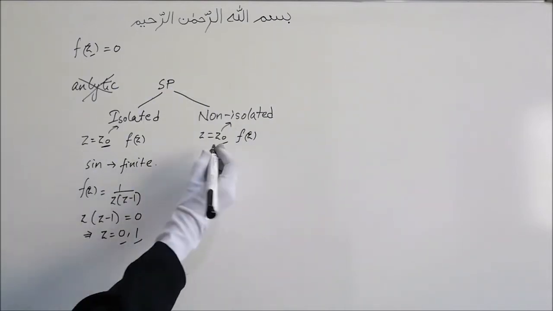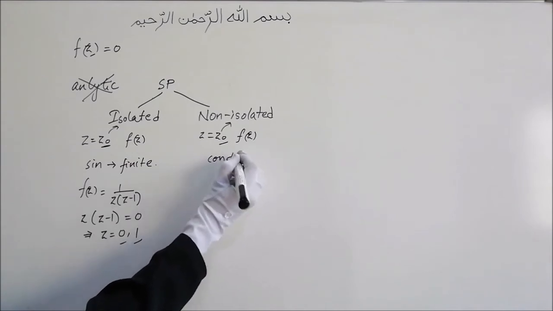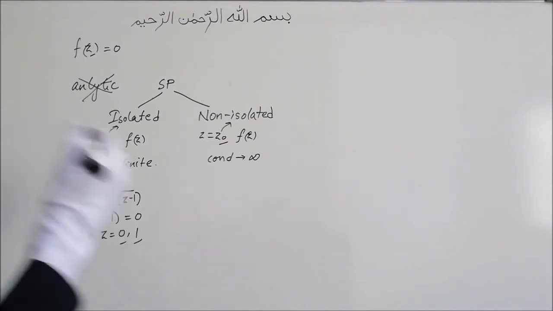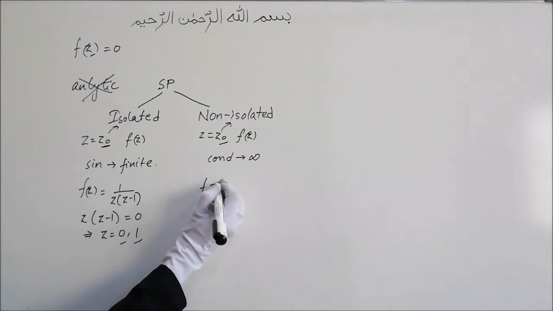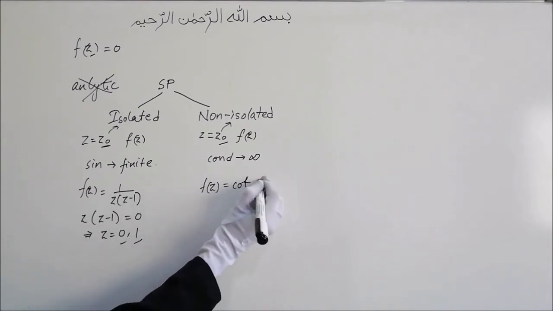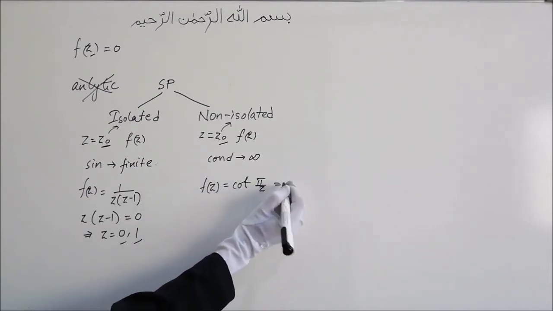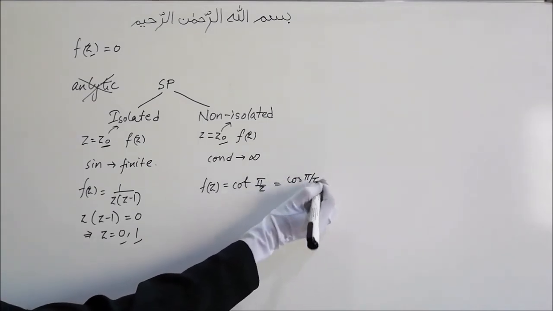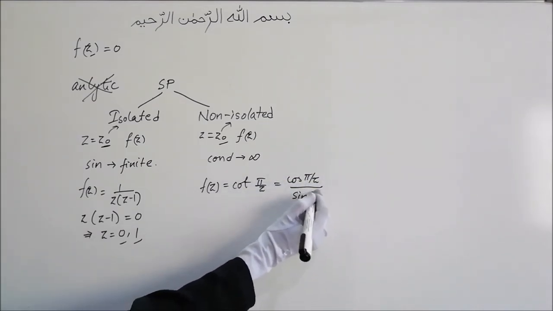That is, if the condition of singularity is satisfied by infinite number of points, then few points will be non-isolated and others will be isolated in nature. For example, let's consider f of z is equal to cot pi by z. Now cot pi by z can be written as cos pi by z divided by sin pi by z.